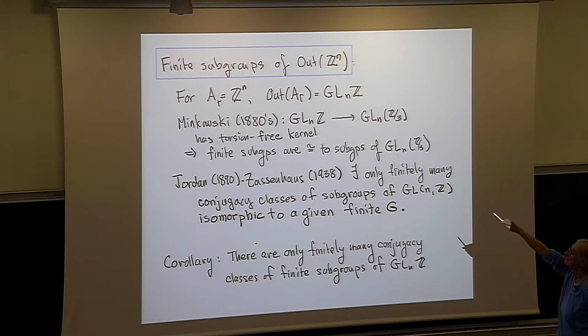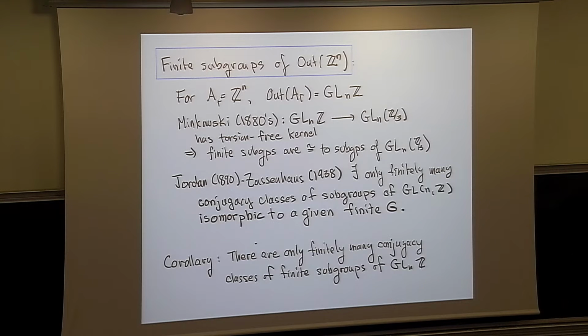So if you have a finite subgroup of GL_n(Z), it injects into GL_n(Z/3Z), which is a finite group. So finite subgroups are isomorphic to subgroups of GL_n(Z/3Z). So that means there's only finitely many isomorphism classes of finite subgroups in GL_n(Z).